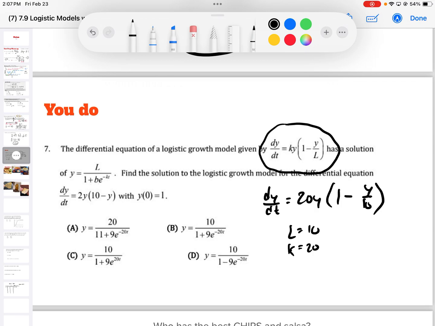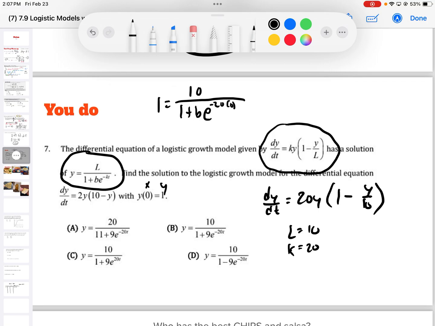Okay, they also tell you this extra little piece of information that's going to come in handy, so don't forget about it. So plug your stuff in here. This is an X, this is a Y. So 1 is equal to 10 over 1 plus B e to the negative 20 t.